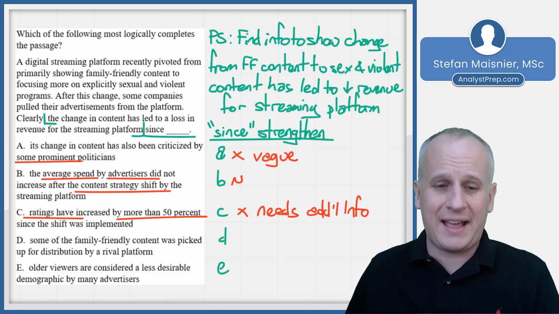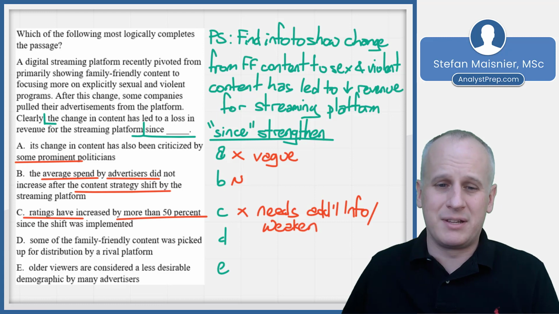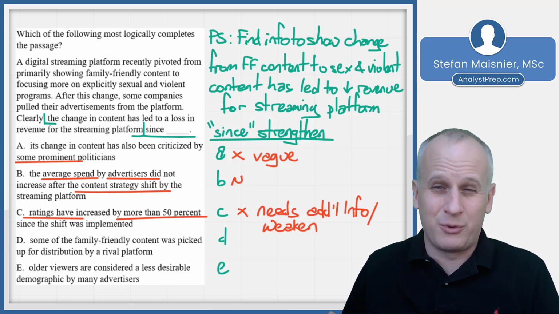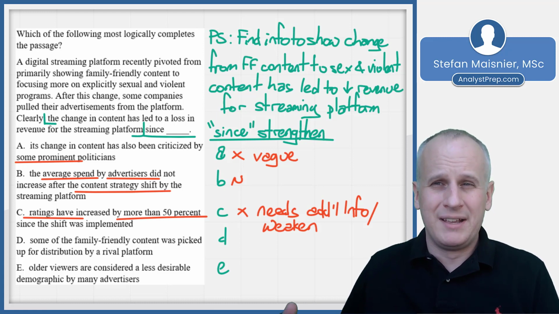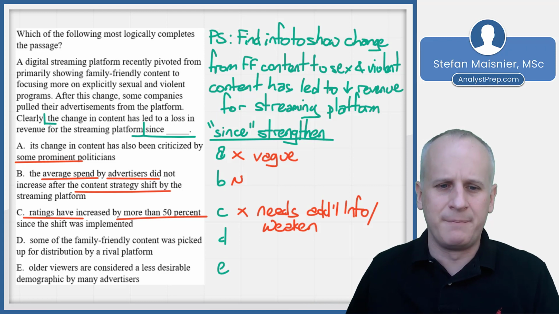And in fact, if it is applied and we make that logical leap, it's actually going to weaken more likely because it would show that there'd be an increase in ratings, which, again, we're going to have to make a logical leap, say that's going to cause people to spend more, but it's certainly not going to make them spend less. So it's going to need additional information, or at best, it's weakening when we wanted to strengthen.